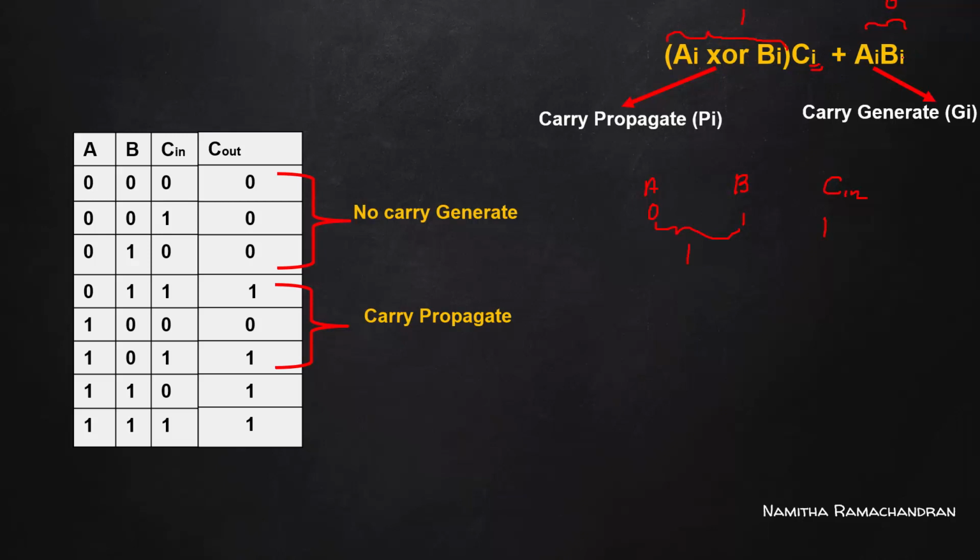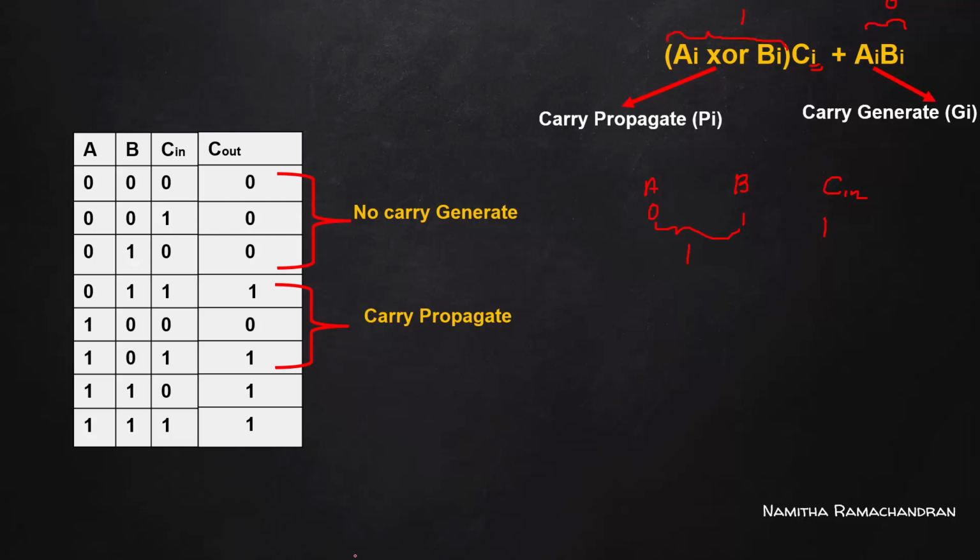This is carry generate. Carry generate means this term generates carry without depending on the previous carry value. But here it propagates whatever value is present in the previous carry input to the next level by this term Ai XOR Bi. So this is the propagate term of carry and this is the generate term of carry.